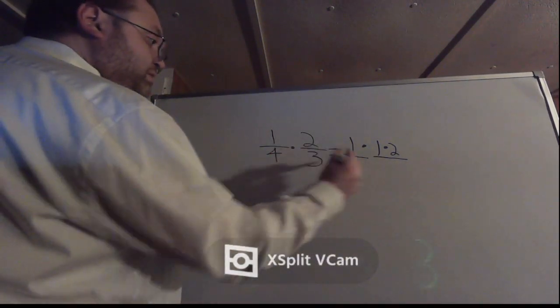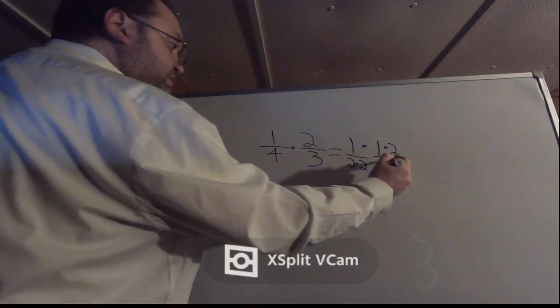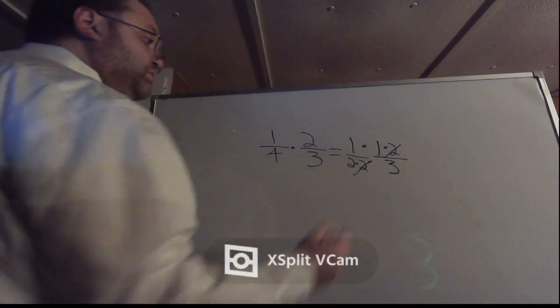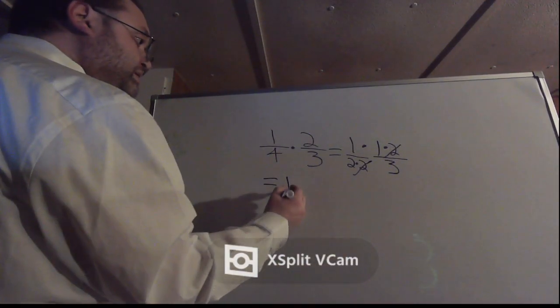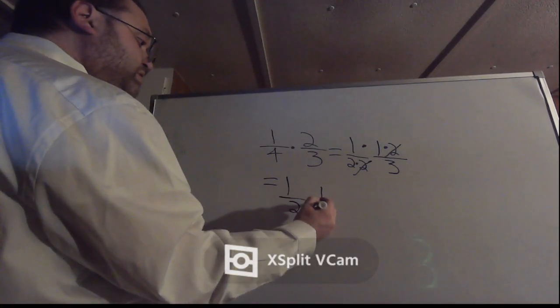Then for 4, 2 times 2 are factors, all over 3. Well, we could factor out a common 2. You're going to get 1 over 2 times 1 over 3.